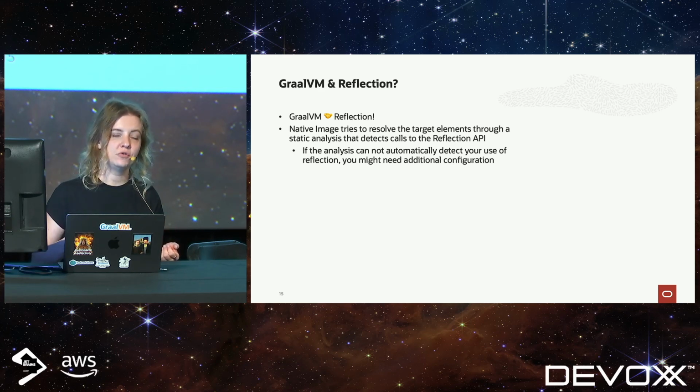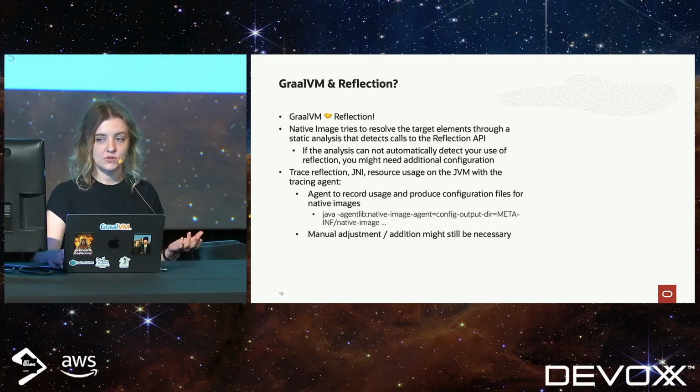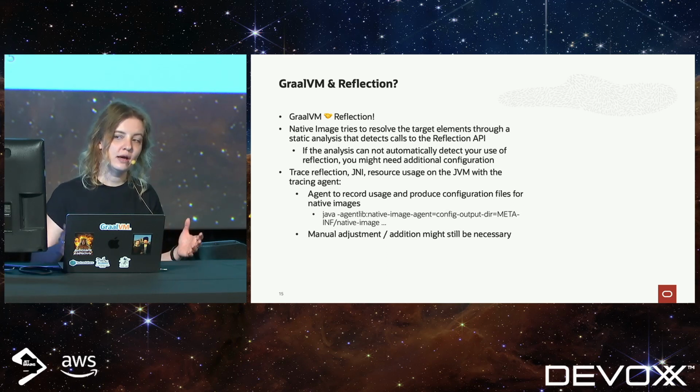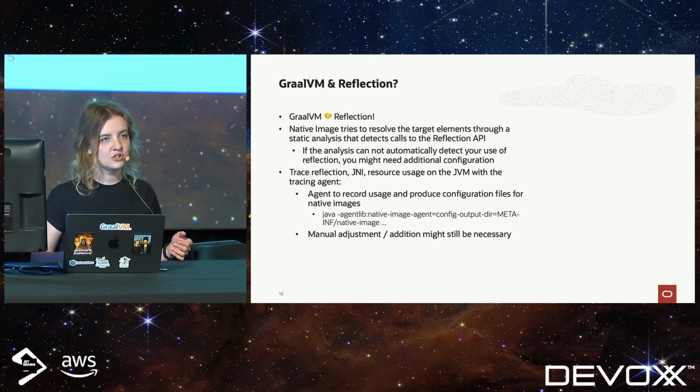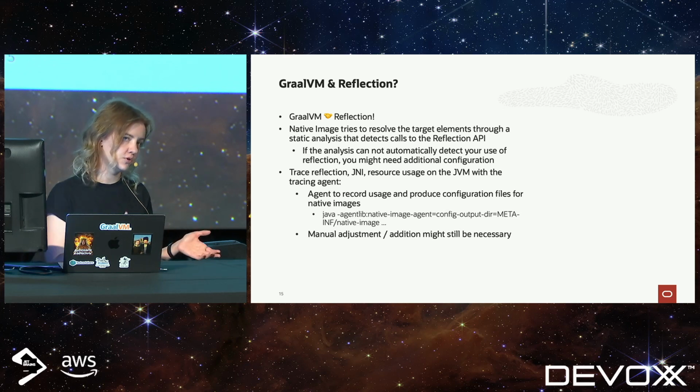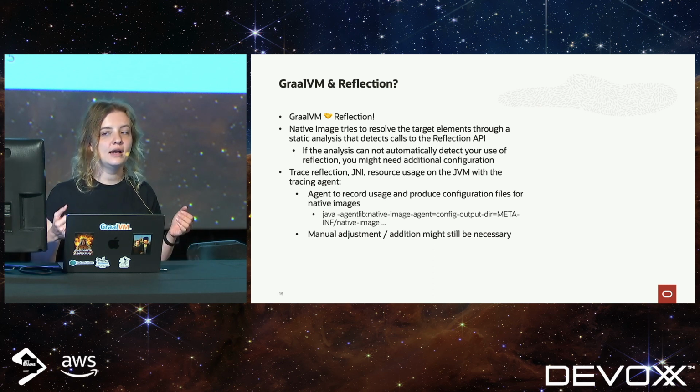One is to produce this configuration manually, which could be a bit more challenging for bigger projects. Another way would be to use the tracing agent that comes with native image, and this way you will observe your application behavior on a JVM. The tracing agent will collect this configuration and produce configuration files for you, and then these configuration files can be used by native image when building an app to produce an app with this configuration in mind.